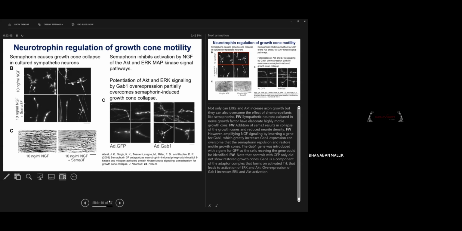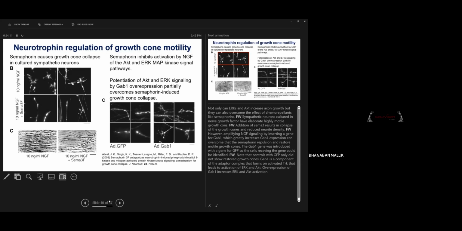You can see the formation of dendrite-like structures and growth of the neuron. But when they added semaphorin 3F along with NGF, you do not see such elaboration. Even with NGF, you do not have growth of the neurons.